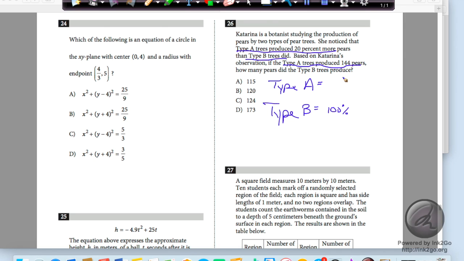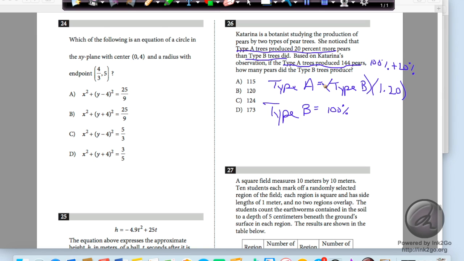Well, we know type A trees are your type B trees, right? Your type B, as well as 20% more. So they're 1.20, right? This 1.20 is signifying the fact that it's 100% plus the 20% more. So not only are they 100% of the type B, but they're also 20% more, which is where the 1.20 is coming from.